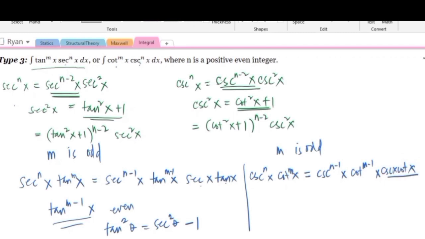So, ang mangyayari dito sa cotangent x raised to m minus 1 ay magiging even na ngayon siya kasi nag-subtract tayo ng 1 dahil odd siya kanina. So, i-express natin yung cotangent m minus 1 into cosecant.